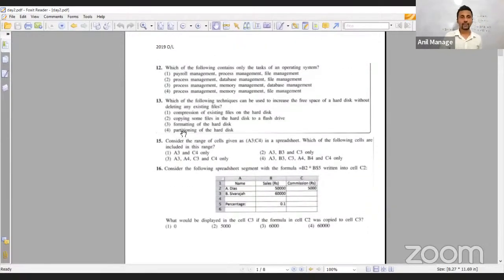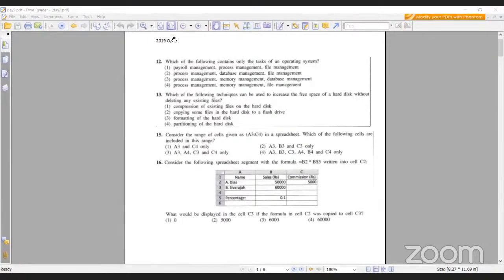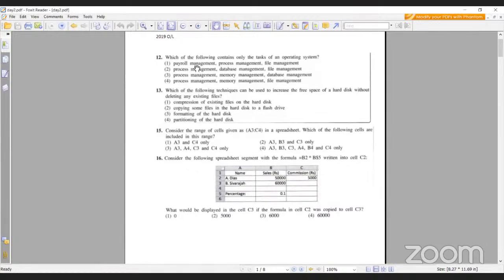There you can see 4 questions. Try to find the answers for them. If you want, you can send your answers through the chat. I'll give only a few minutes. Then I will start discussing them.